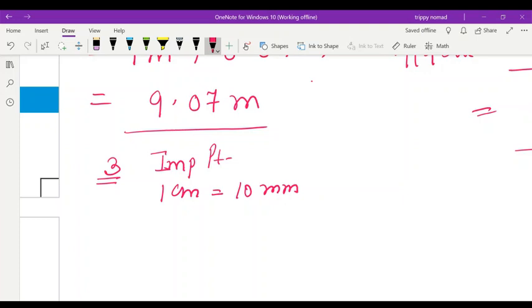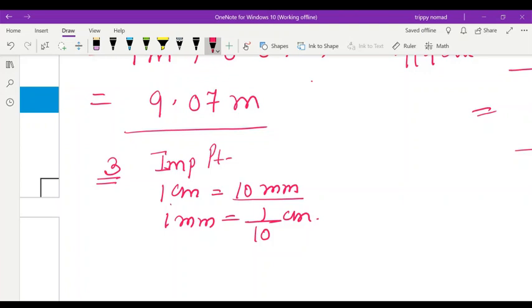In a scale you have seen 10 divisions are given between two successive centimeters. So 1 centimeter is equal to 10 millimeter, and same way 1 millimeter is equal to 1 upon 10 centimeter. You have to learn like that.